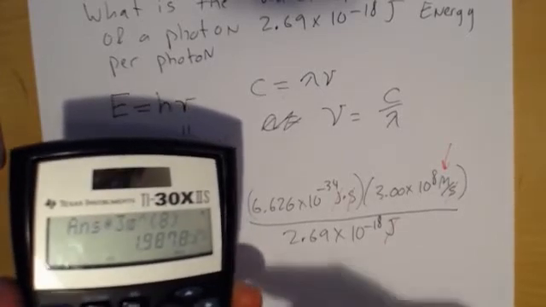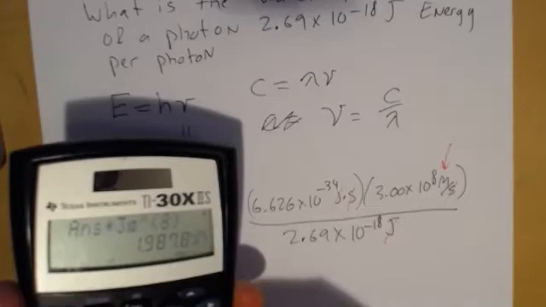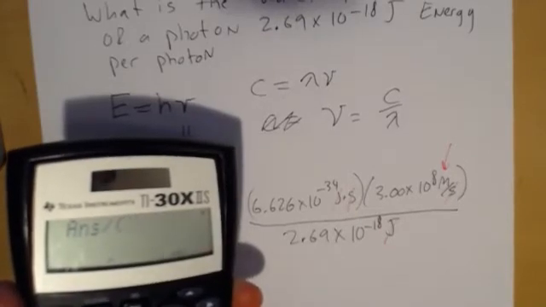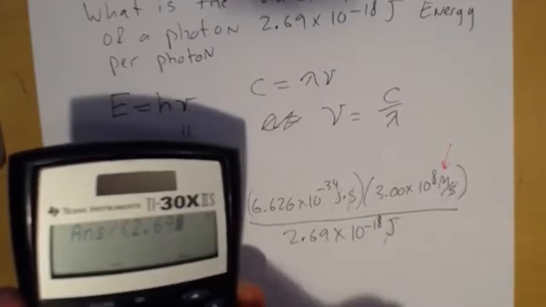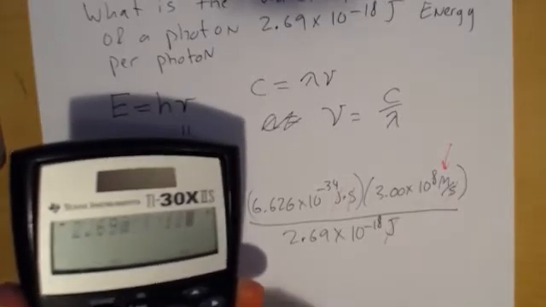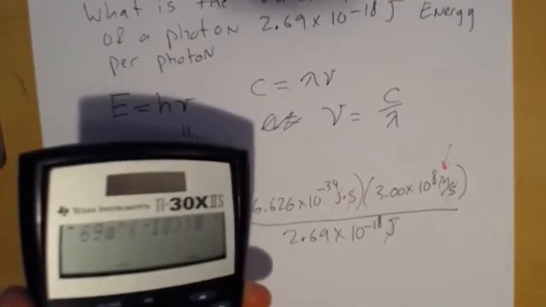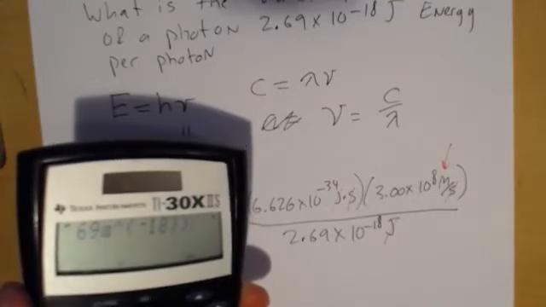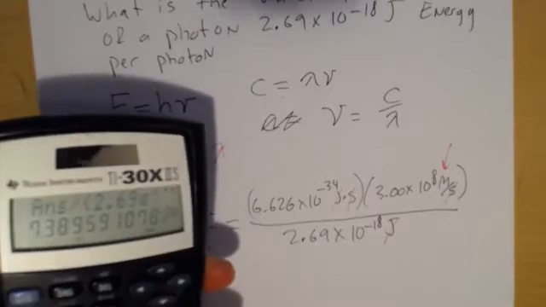Okay, and then I'm going to take that answer and divide by parentheses 2.69 times 10 to the minus 18, close parentheses for the exponent, close parentheses for all that stuff in the bottom, and there we are.